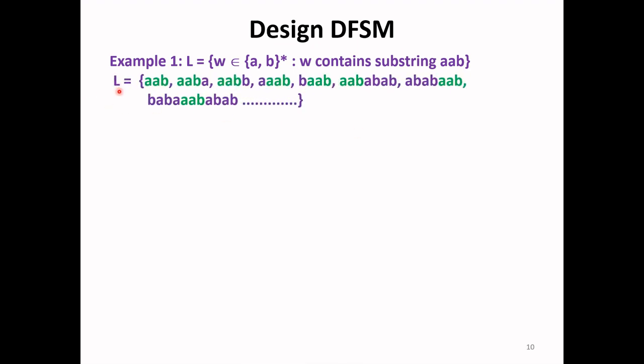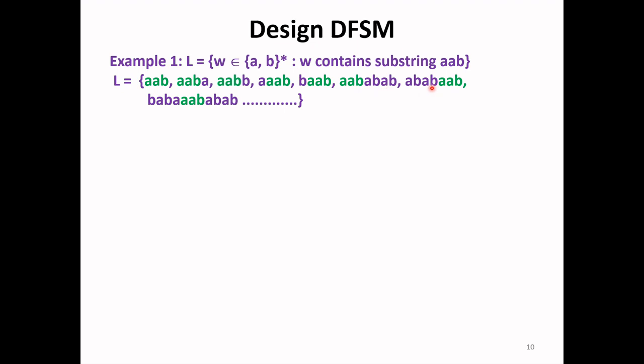Let us see some possible strings in this language. The first string can be AAB, or AAB followed by an A or a B. Before the substring I can have A or B, and it is accepted. After AAB, I may have some string. Before AAB I can have some string.